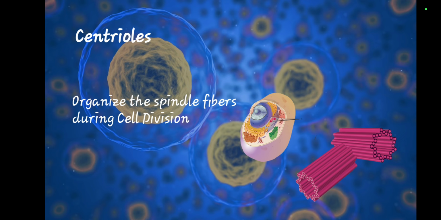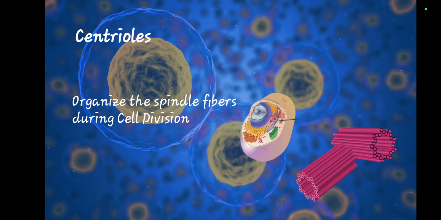To centrioles. Centrioles organize spindle fibers during cell division. So centrioles are very important in the process of cell division, or how we divide a cell. In our next topic, we will be discussing cell division.